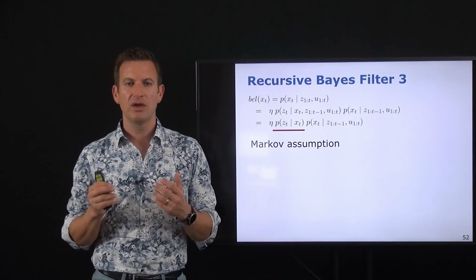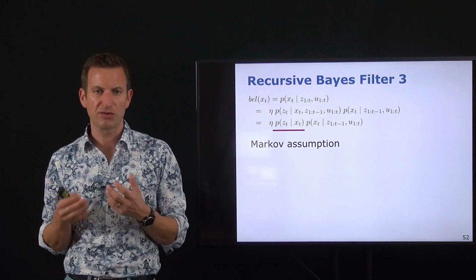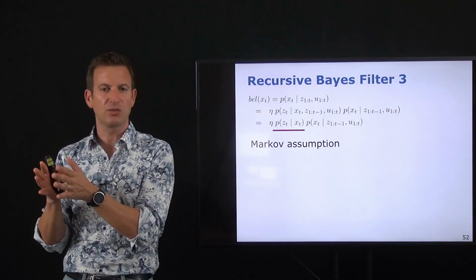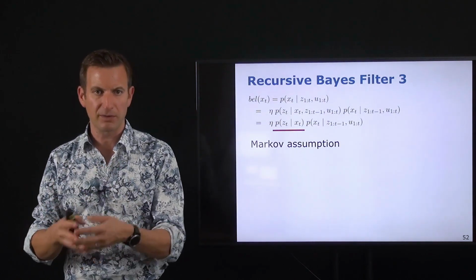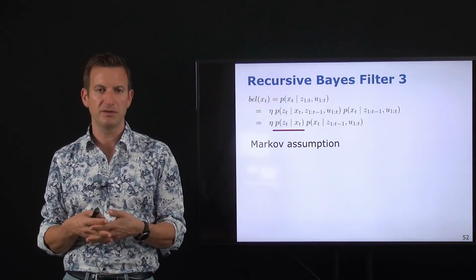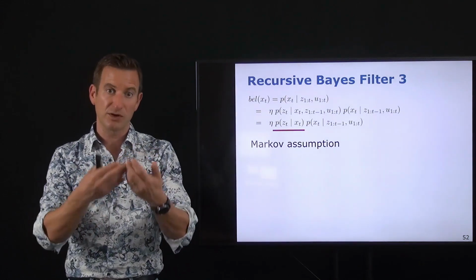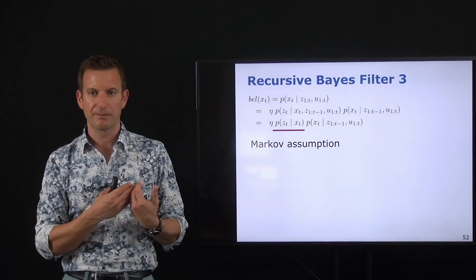Why are we going to do this? Because we want to end up getting a recursive equation, so an equation where we can move from xt to xt minus 1. Therefore, we introduce a new variable through the law of total probability that tells me where the system was at the previous point in time. So not where it is right now, where was it before?